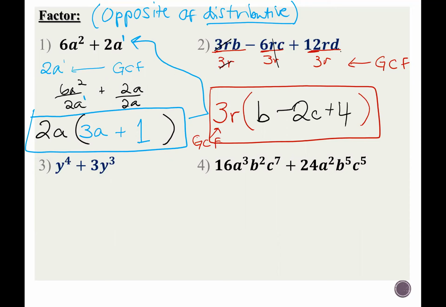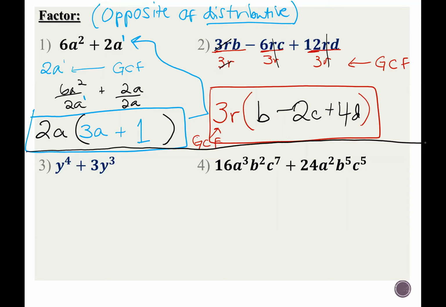The R's cancel, and then you're left with that D. So my final answer is 3R, parentheses, B minus 2C plus 4D. Once again, you can check by distributing. Okay, so you could distribute that 3R to each of these three terms, and you should end up getting the same thing that we had started with.